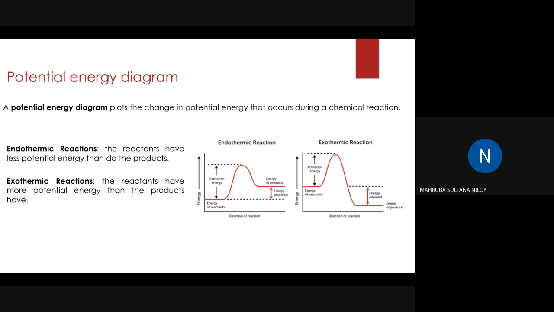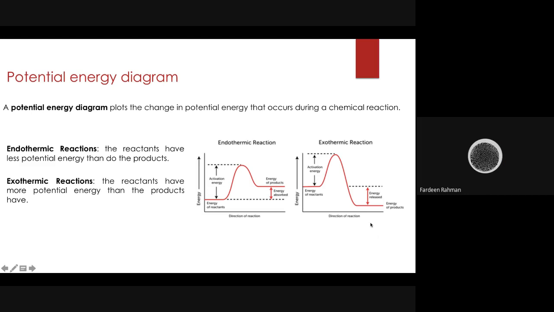Okay, so in an endothermic reaction, is energy produced or absorbed? Absorbed, sir, since reactants have less potential energy than the products, it has to get that energy from somewhere else, so it is absorbed from the surroundings. And for an exothermic reaction?